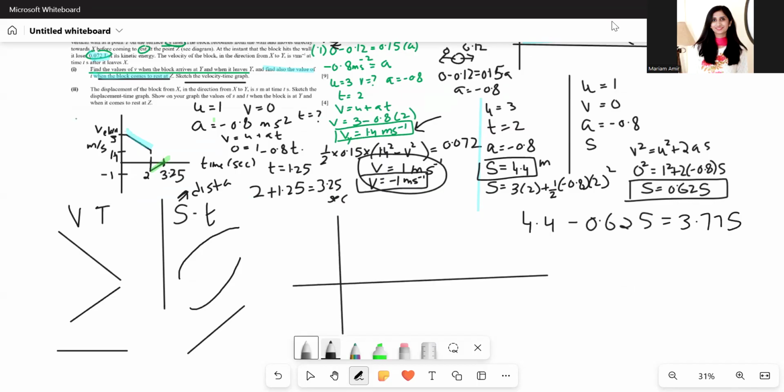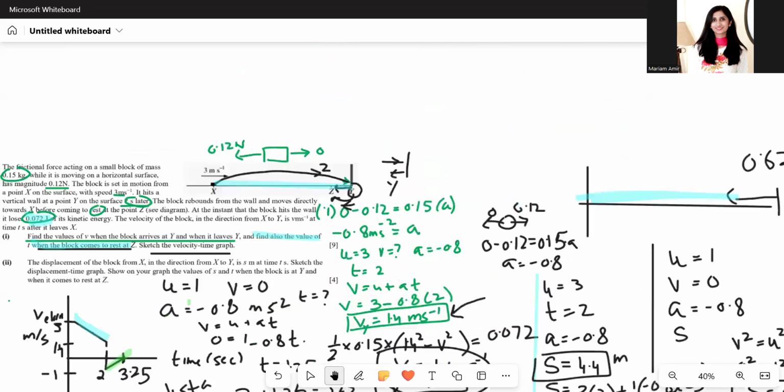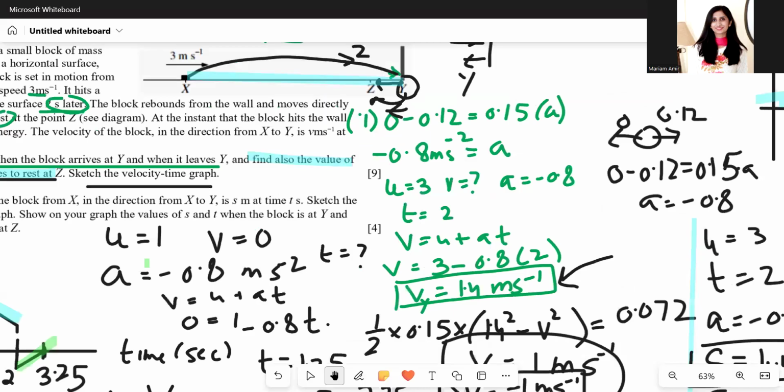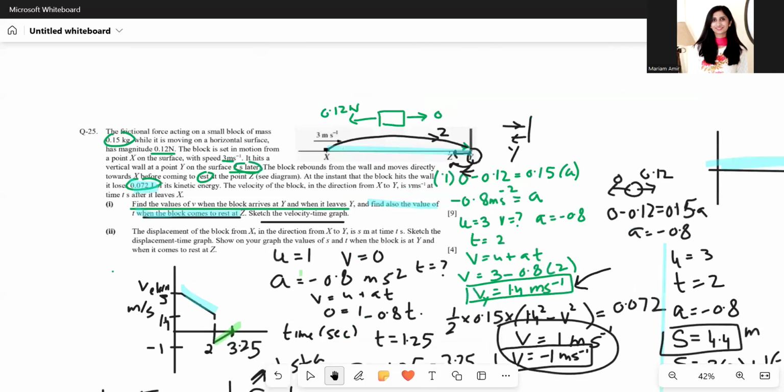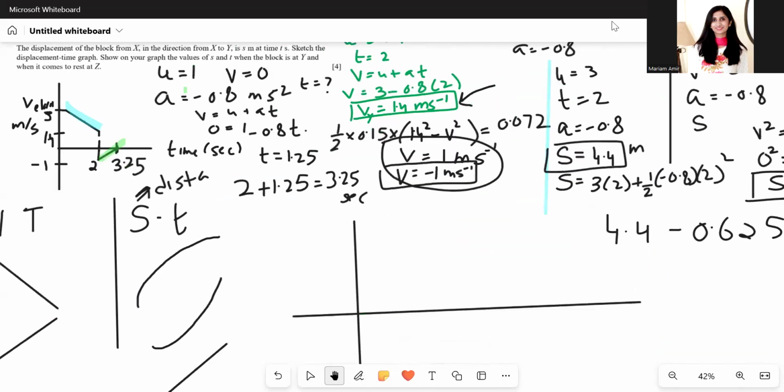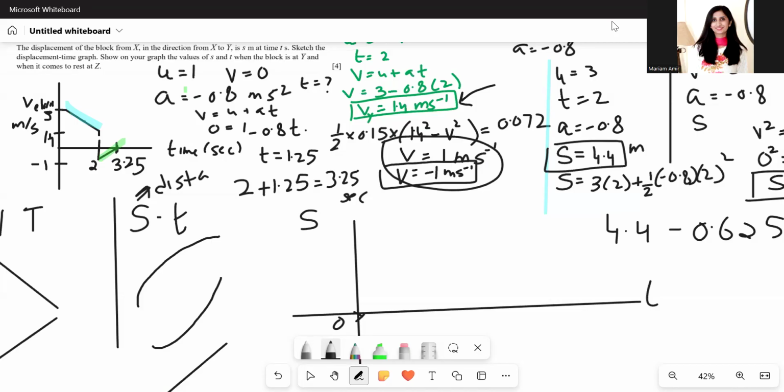So from the initial point x till y, we know the displacement is 4.4 starting from 0. Initially the displacement was 0. Then it becomes 4.4. This is s, this is t. Must write time in seconds here. Must write displacement in meters here.